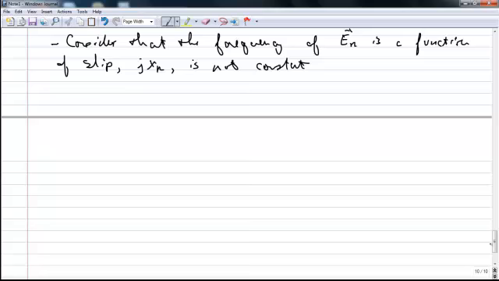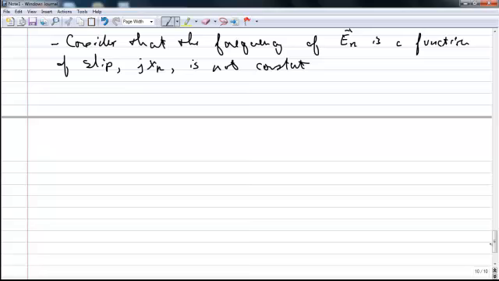That's the locked rotor condition, and in this case the frequency on the rotor is equal to the frequency in the stator. The other extreme condition is when the rotor moves at the same speed as the stator magnetic field, the synchronous speed, and in this case the rotor voltage is 0 and the frequency is 0.